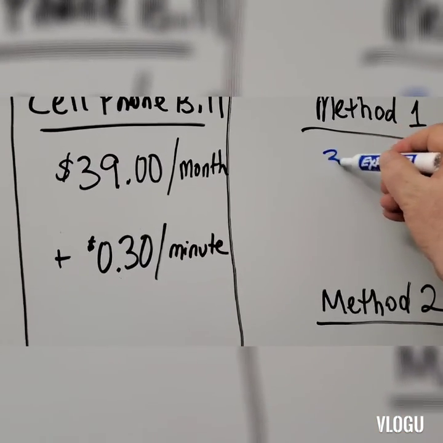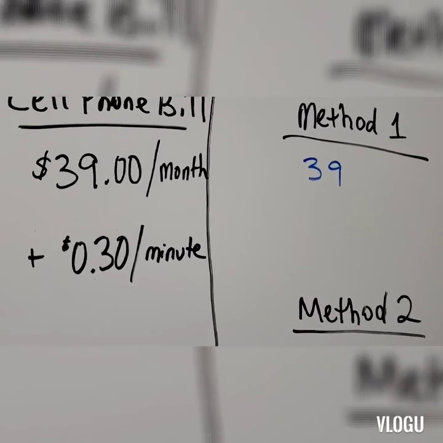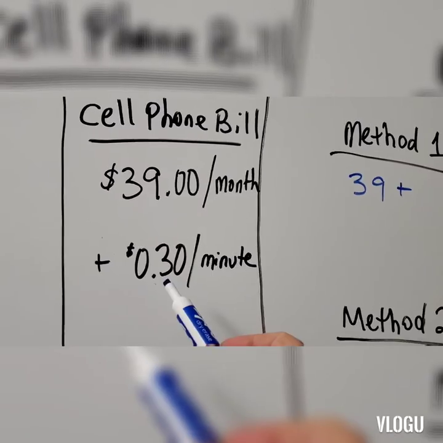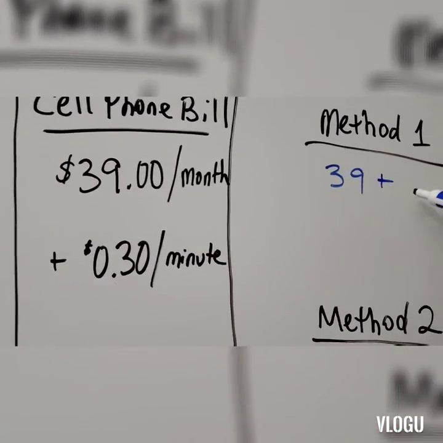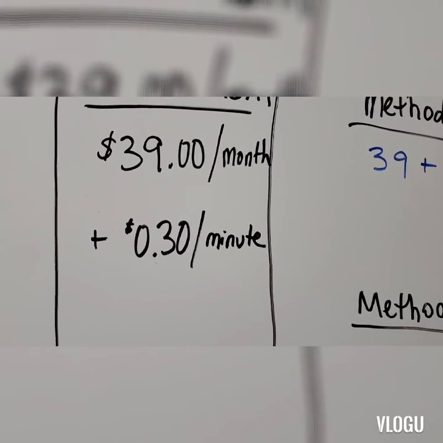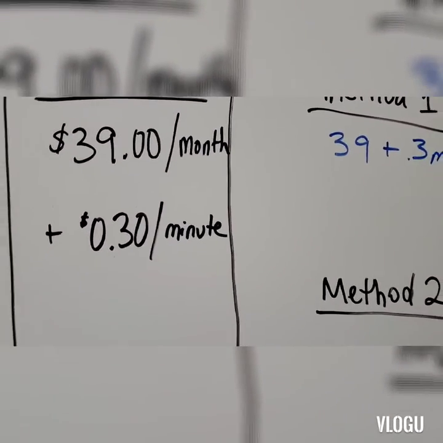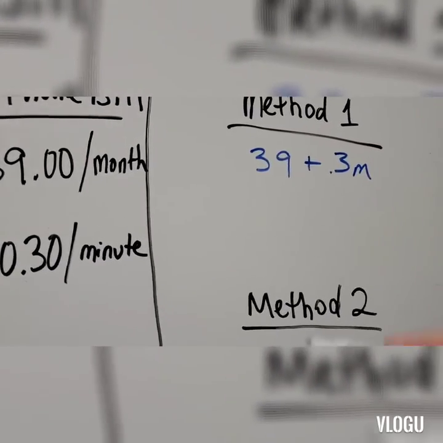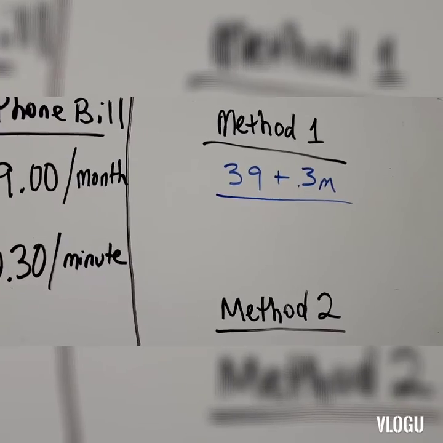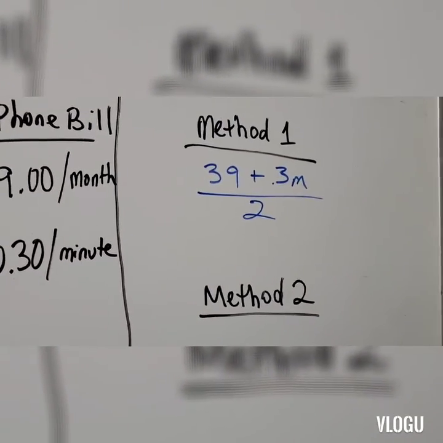We have $39 plus it's 30 cents or 0.3 per minute, and M is the extra minutes, 0.3M. All of that is divided by what? Divided by 2, because you're sharing it with your sister.